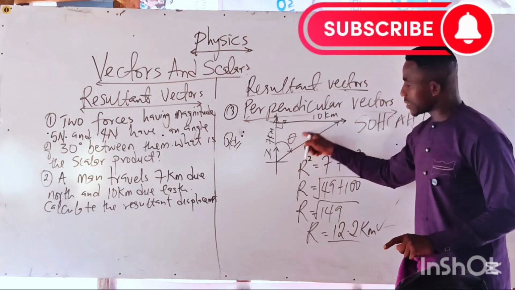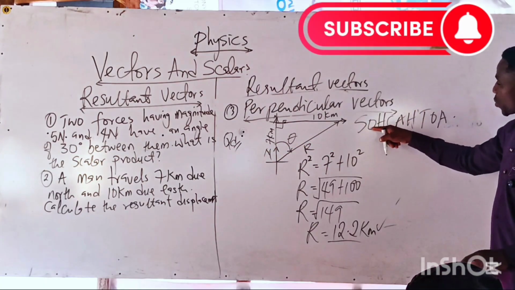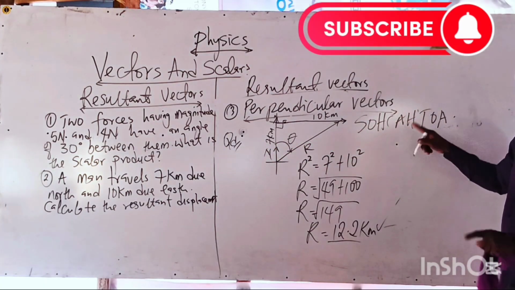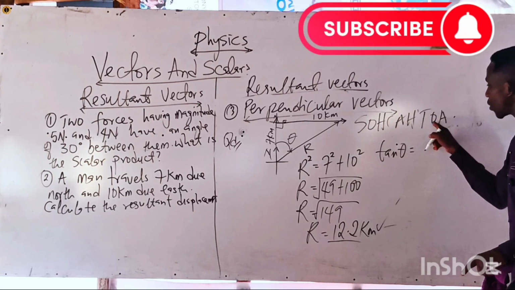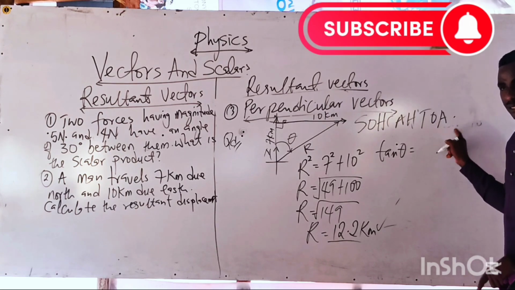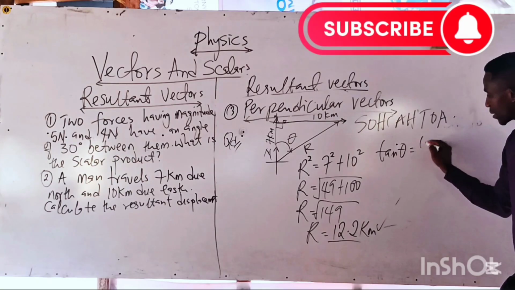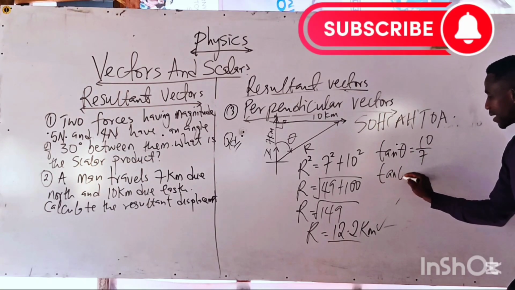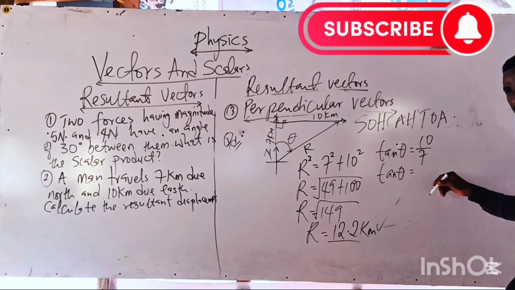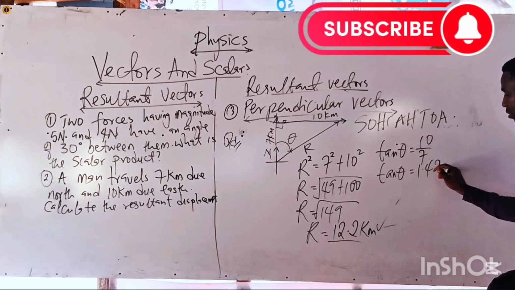Here is theta. Opposite is 10. Adjacent is 7. Which one of these has opposite and adjacent at the same time? Tan. I will now say tan theta is equal to opposite over adjacent. So opposite is 10, 10 over 7. So now, tan theta is equal to 10 divided by 7, which is 1.428.